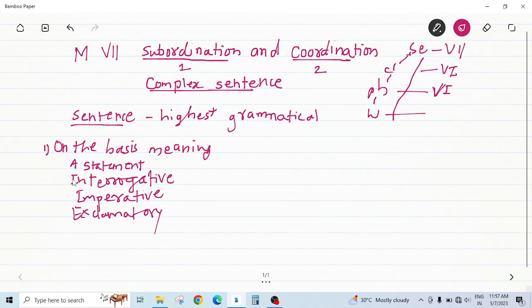Now these four types of sentences are made on the basis of meaning of a sentence.